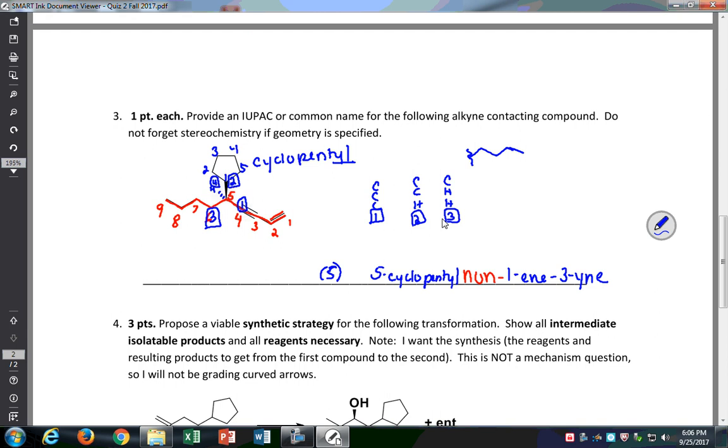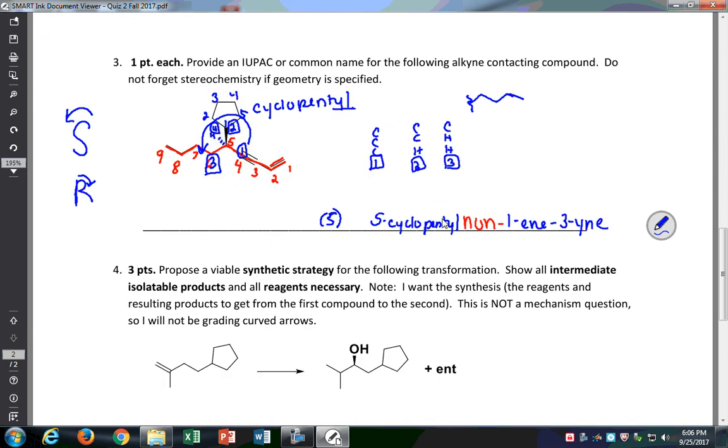I only have 2 colors to work with here. 4 is going back, so we don't have to worry about that. So we're turning that counterclockwise, so that's S. And again, a nice little trick. To write the S, you have to go counterclockwise. To write the R, you have to draw it clockwise. But 4 has to be back.